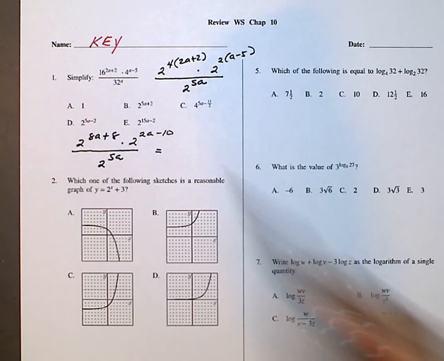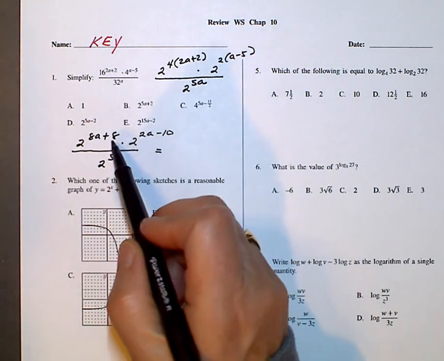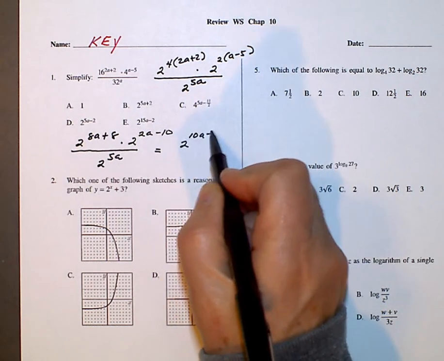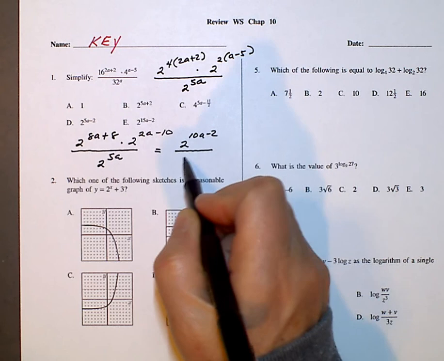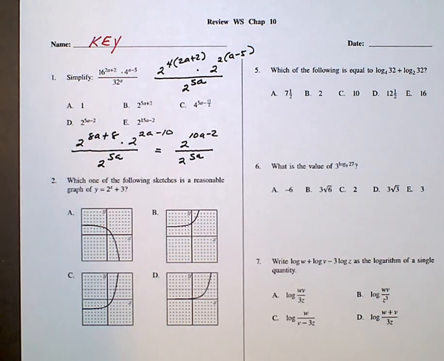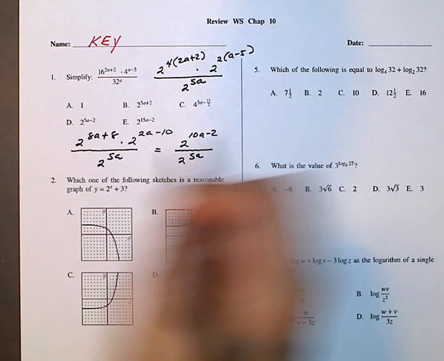So 8a plus 2a is 10a, and 8 minus 10 is minus 2, so 2 to the 10a minus 2 over 2 to the 5a. And so when I subtract, then I'll have 2 to the 5a minus 2. When I subtract this 5a from the 10a, so that's going to be choice D.